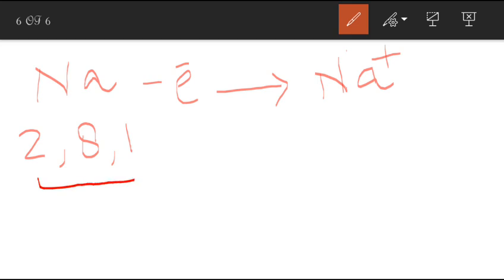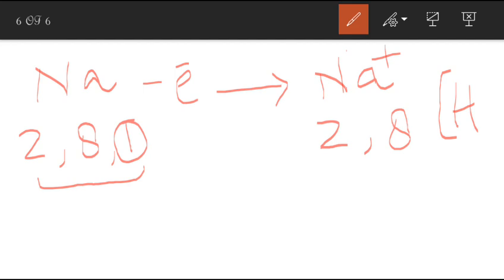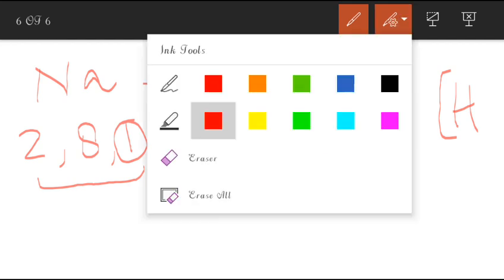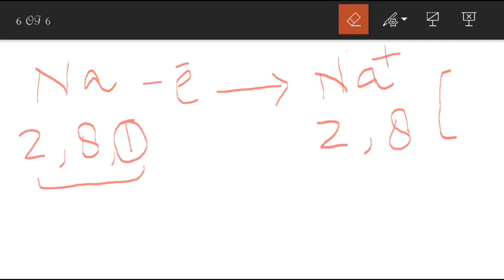At first its electronic configuration was 2, 8, 1. Here when it loses this electron, its electronic configuration becomes 2, 8, which is the nearest noble gas configuration, which is the electronic configuration of neon. So it becomes stable, so it gets converted from neutral atom to Na positive, to cation.